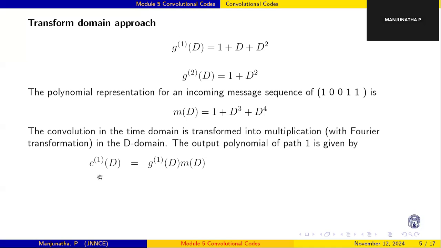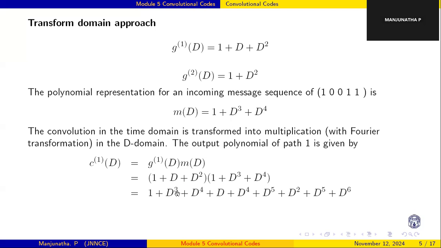The first path output C1 of D is G1 of D into M of D: (1 plus D plus D squared) times (1 plus D cubed plus D to the power of 4). Multiplying gives 1, D cubed, D to the power of 4, then D, D to the power of 4, D to the power of 5, then D squared, D to the power of 5, D to the power of 6.